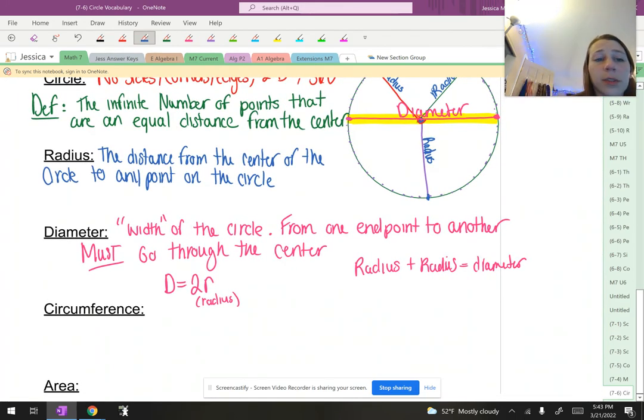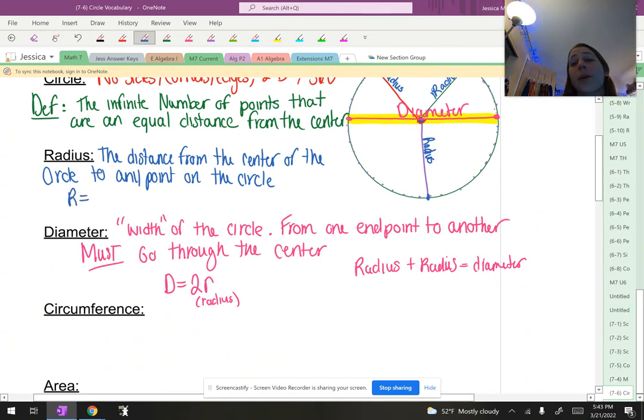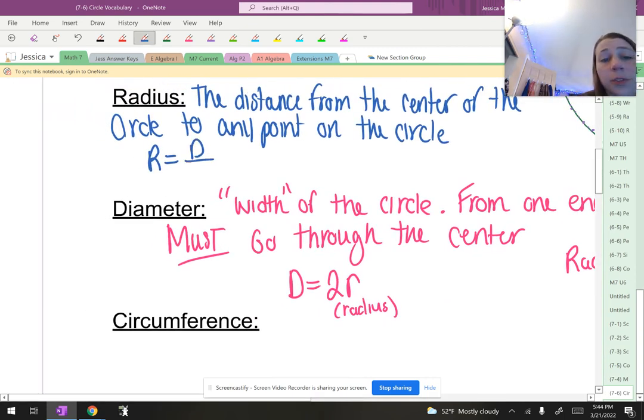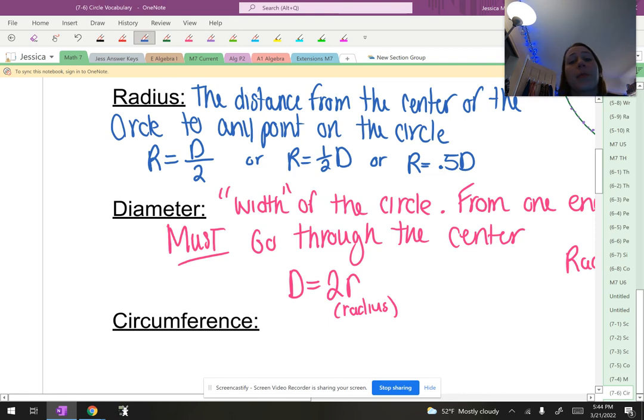And playing along with that, if I have the diameter and I want to go backwards to get the radius, if I have the equation d equals 2r and I want to solve for r, 2 and r are being multiplied, so I would divide, leaving r equal to your diameter divided by 2, or 1/2 of your diameter. Or, as we've been practicing substituting, 0.5 times your diameter.